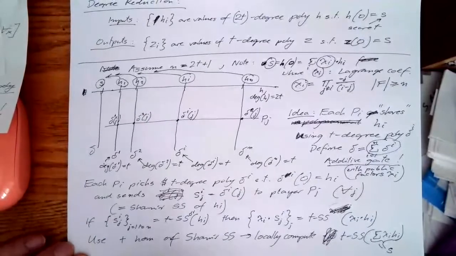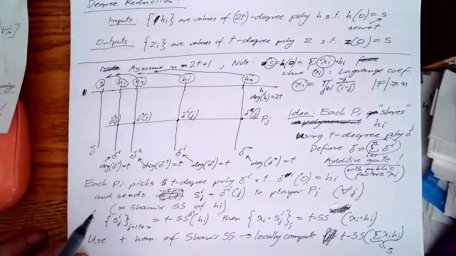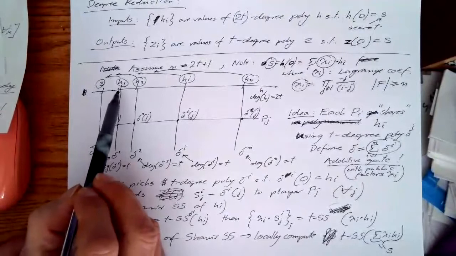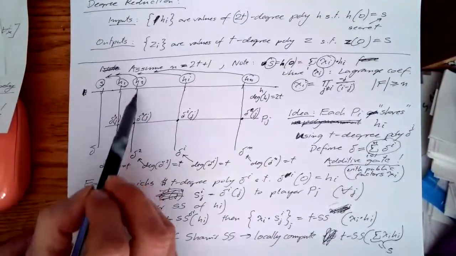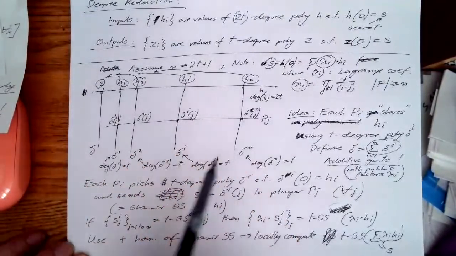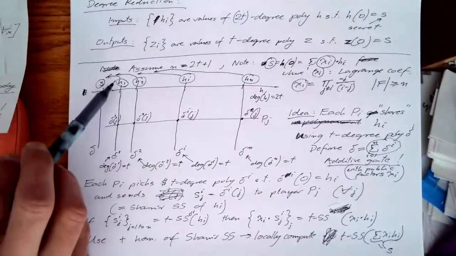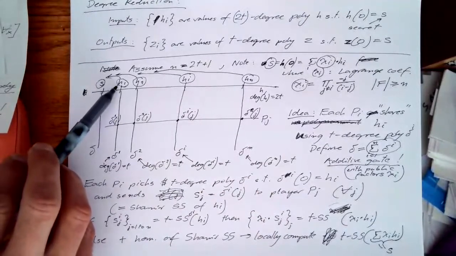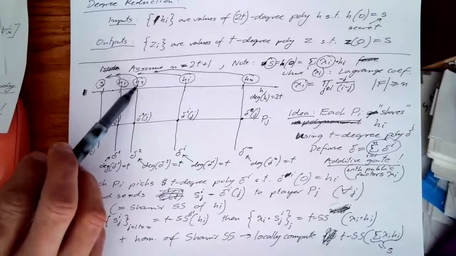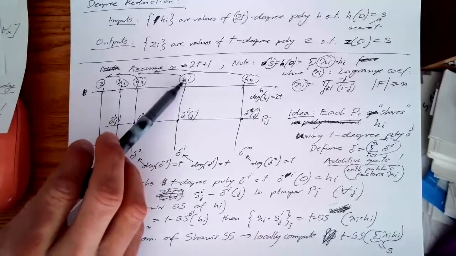In other words, at this point, the players hold secret sharings of lambda 1 H1, lambda 2 H2, etc. Right?